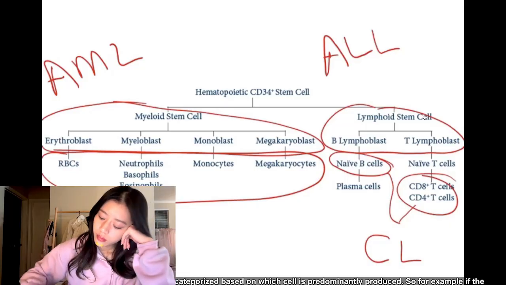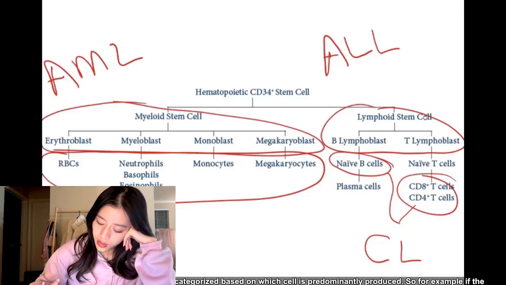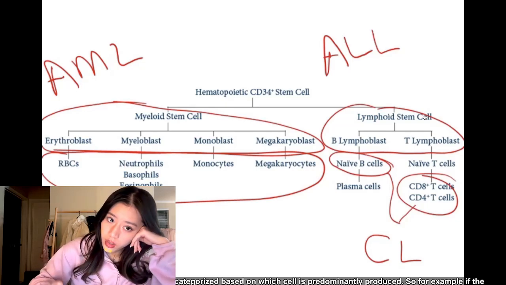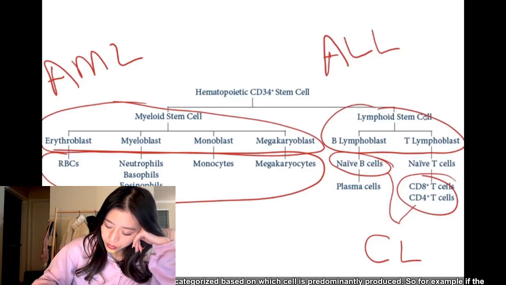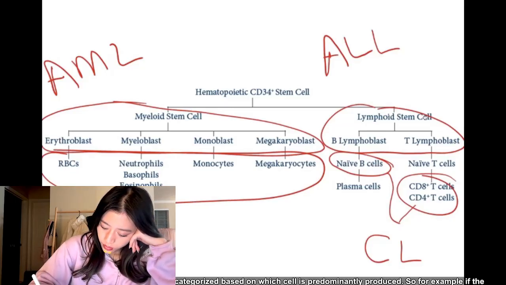Wait. That's a good big picture. Let me go back to the chart. Okay, so let's color code this.